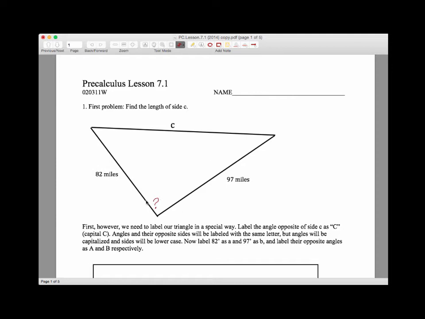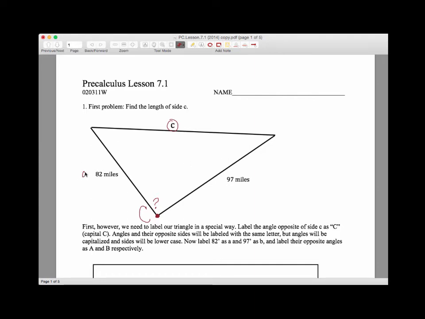They will be labeled the same letter, but one will be uppercase, one will be lowercase. So lowercase c is always going to be directly across from uppercase C. Uppercase C is the angle, lowercase c is the side.